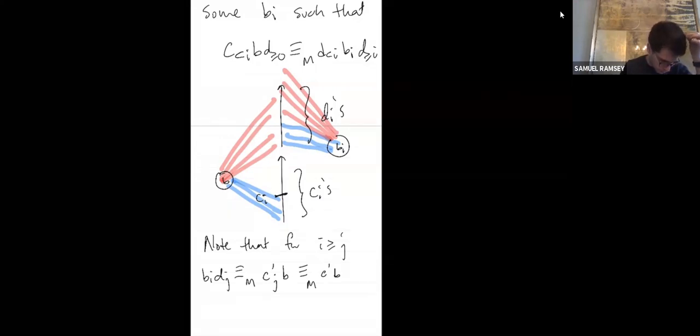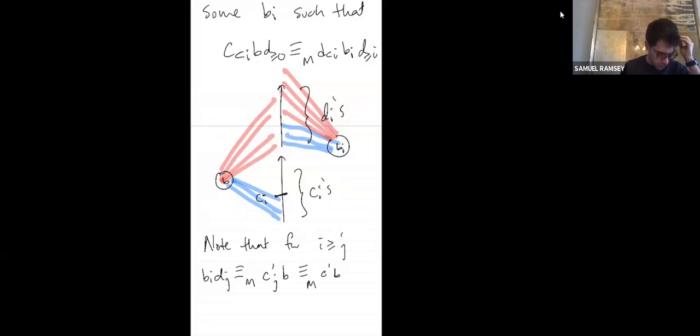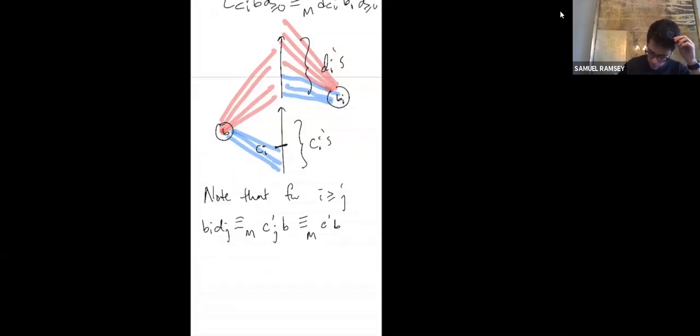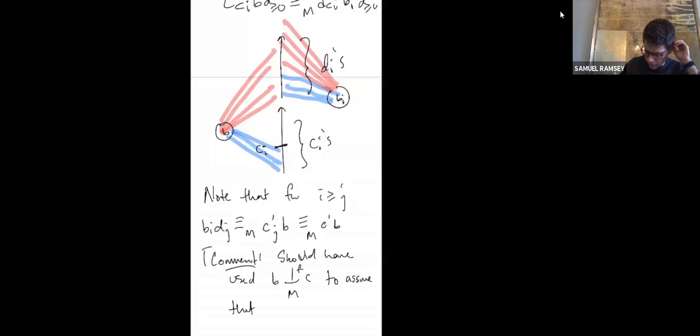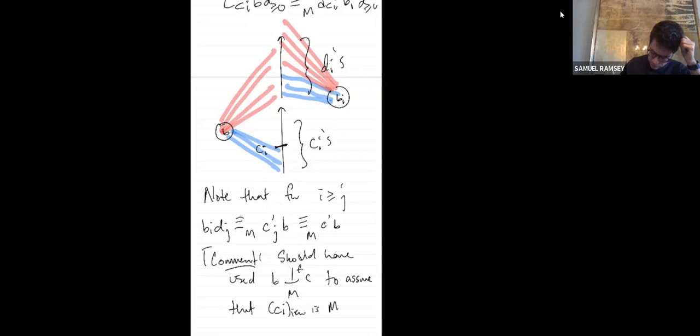I should have made a comment here. Sorry. The comment should have assumed: when I took the sequence at the beginning, I should have used that B is independent from C over M to assume that the sequence C_i, i less than omega, is MB-indiscernible.